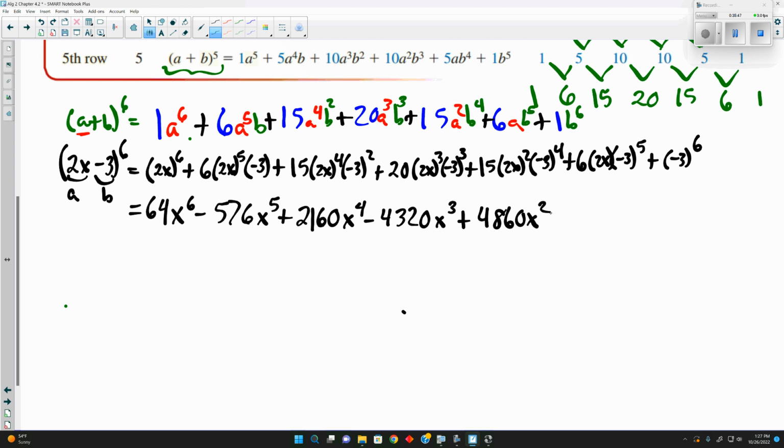Now negative 3 to the 5th times 12 is negative 2,916x, and then plus negative 3 to the 6th is 729.